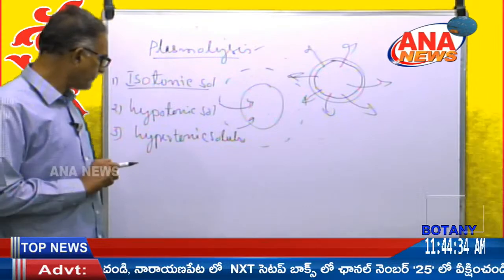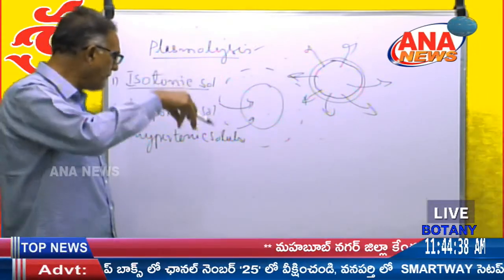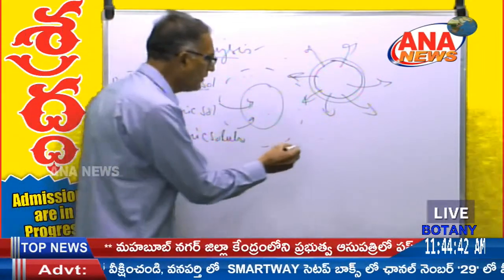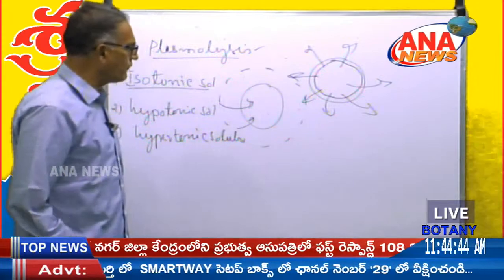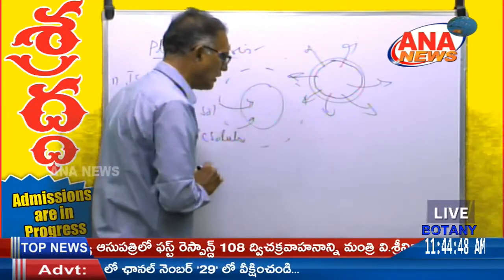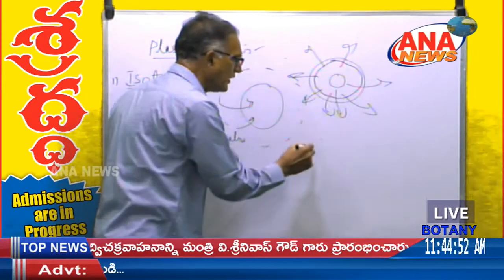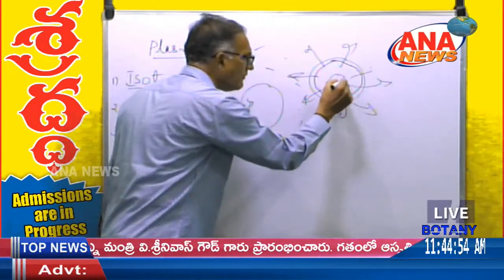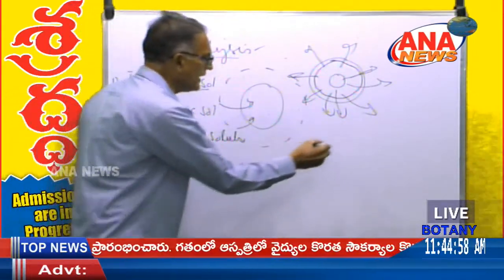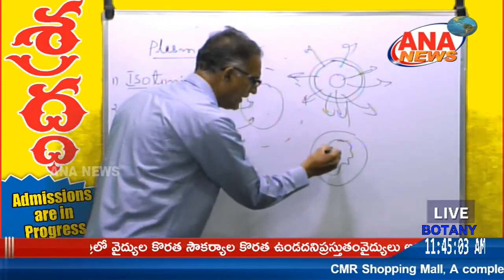When the cells are placed in the hypertonic solution continuously, first of all the water comes out from the cytoplasm, later on from the vacuole, and completely the protoplasm shrinks.